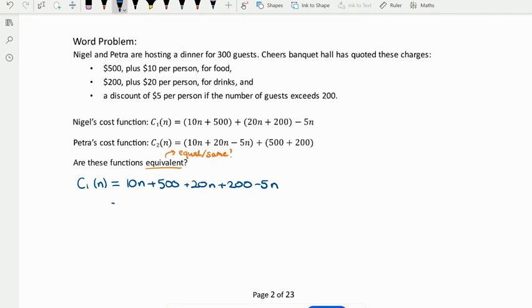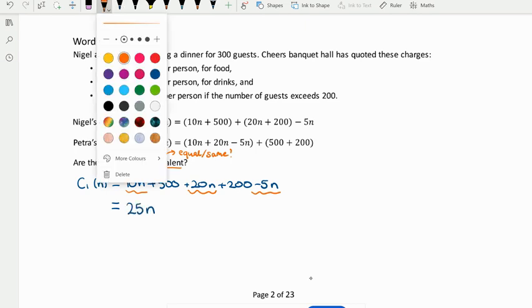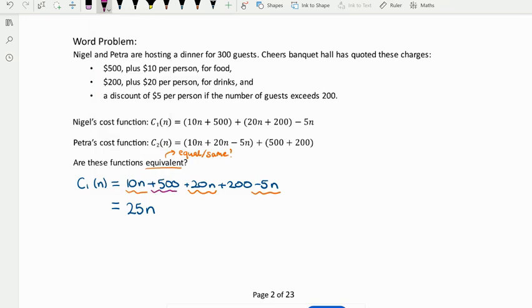If I add all the 10n plus 20n, which is 30n, minus 5n is 25n. And the numbers 500 plus 200, 700.